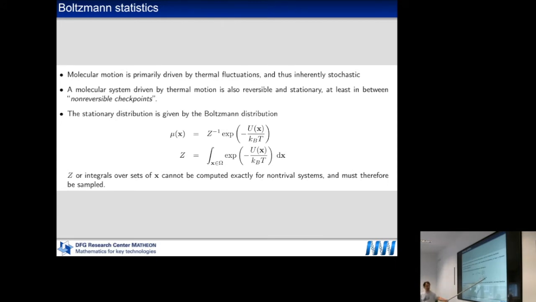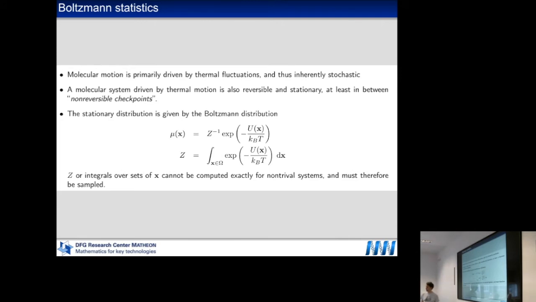Basically this is a high-dimensional integral, and u might be a complicated expression, so this is nothing we can actually compute. Now, many algorithms don't require us to compute C. For example, molecular dynamics and Markov chain Monte Carlo don't require us to compute C. They just allow us to sample from this quantity, but they do that by generating trajectories.